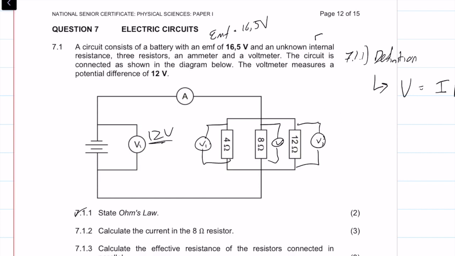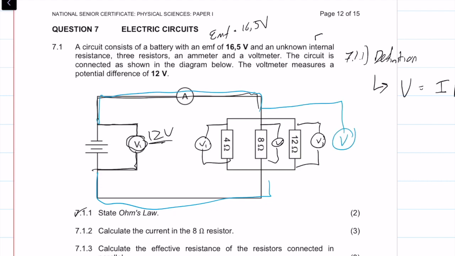We can look at this as being the voltage across the battery, but because there aren't any resistors along these blue lines, we can also see this as being drawn over this entire part right there. Therefore, using Ohm's law, we can say that V equals IR.